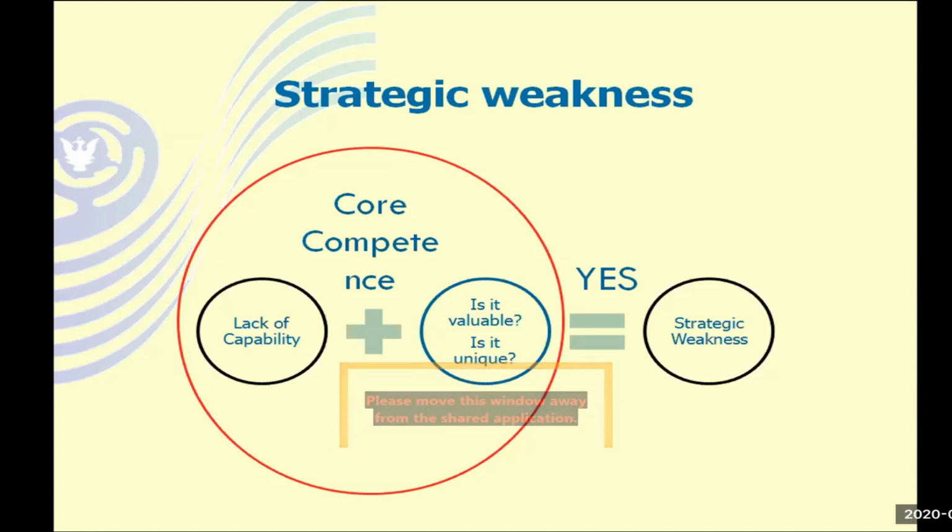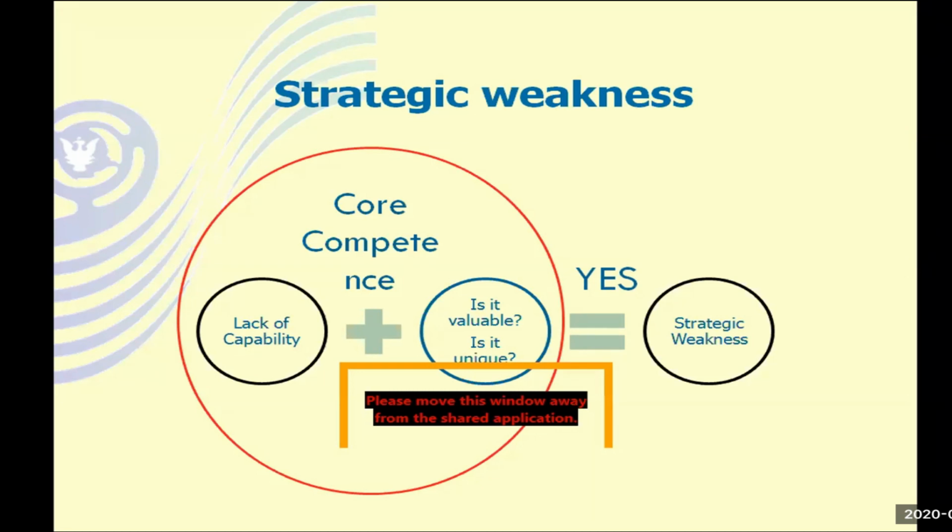You don't have a capability. Now, that lack of capability does not bring any core competence, cannot. And if that core competence is not valuable, not unique, then you have a strategic weakness from the resources.